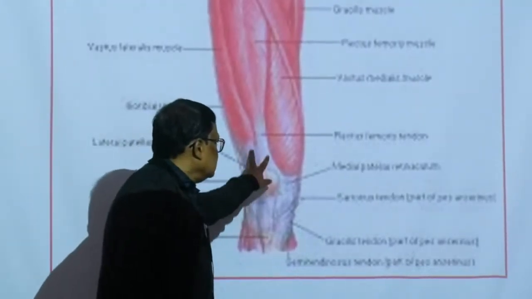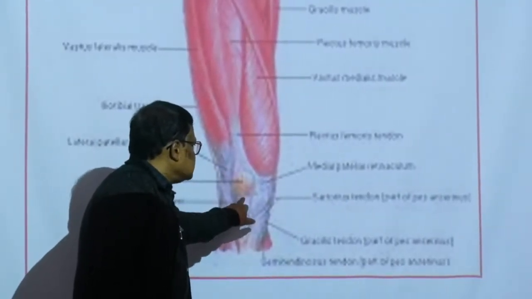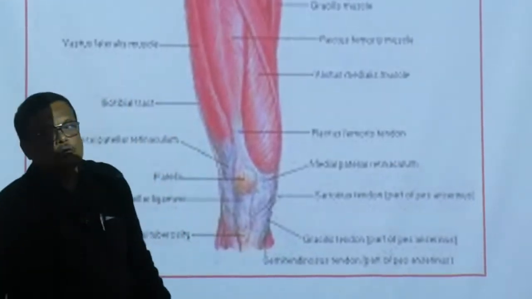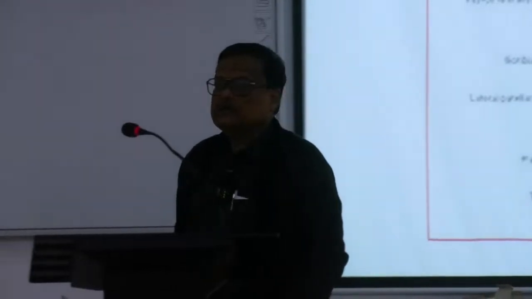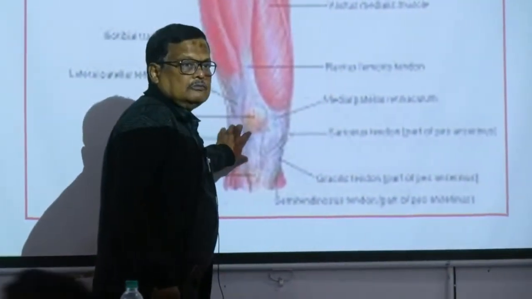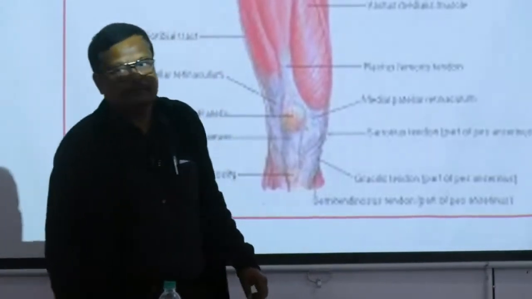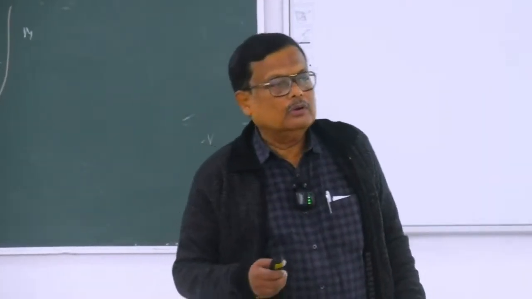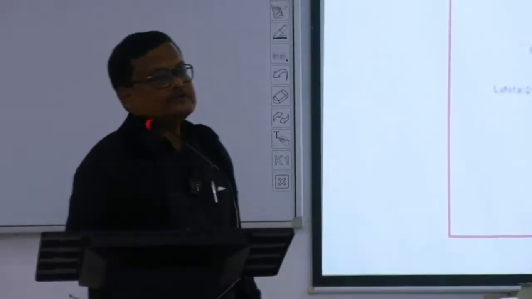This quadriceps tendon becomes tendinous, and from the apex of the patella a tendon goes to be inserted to the tibial tuberosity, and this tendon we call the ligamentum patellae. So it is the ligamentum patellae, from the apex to the tibial tuberosity, which is nothing but the extension of the quadriceps tendon. And the patella is a bone found within the tendon of the quadriceps femoris.